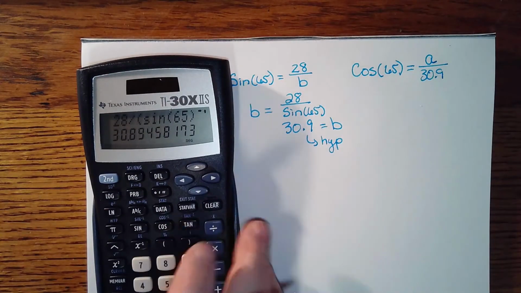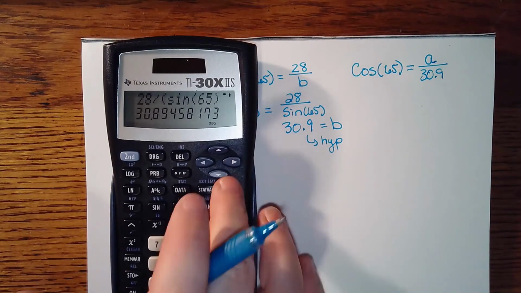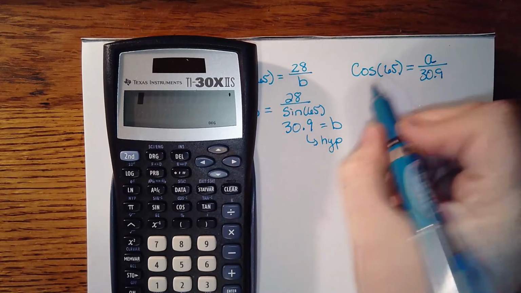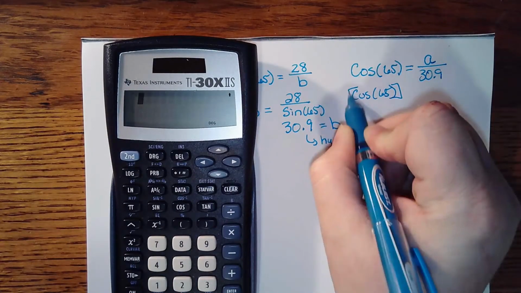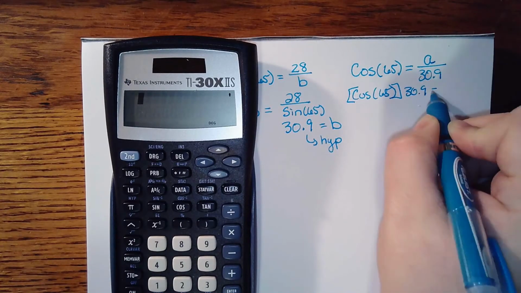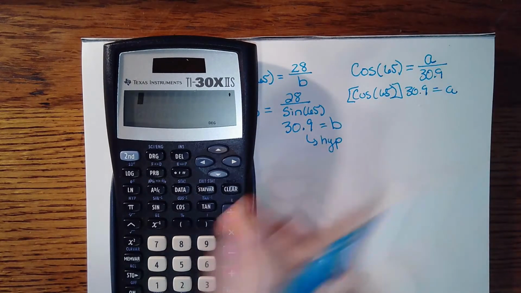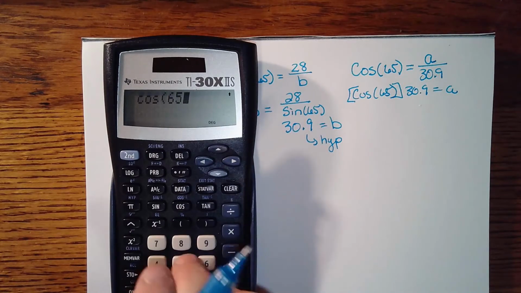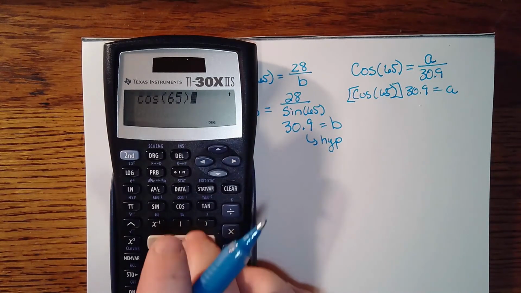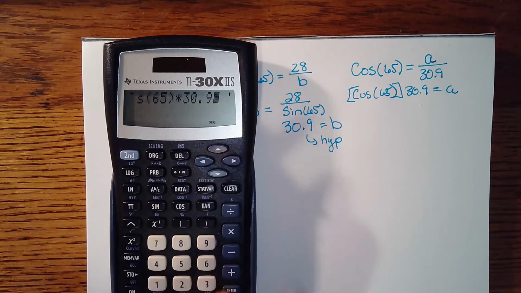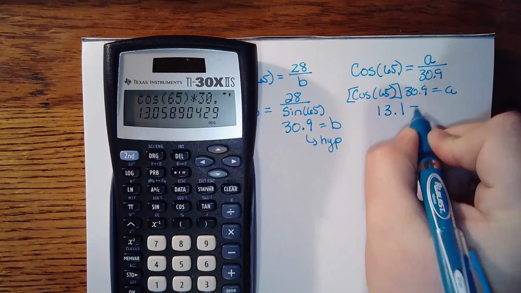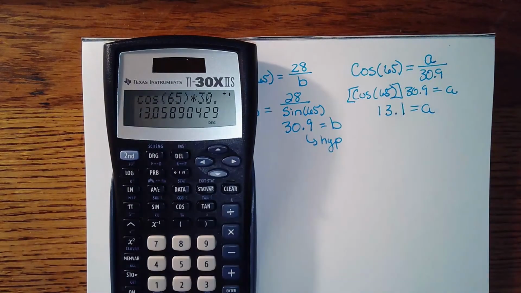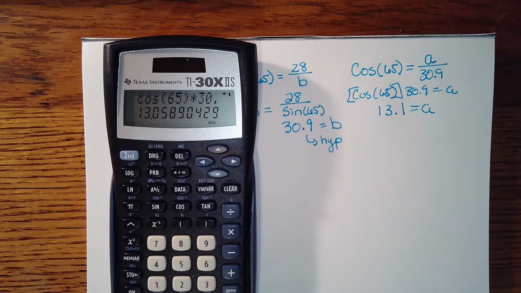So we have our calculator here. Let's clear it. So we're going to have cosine 65 times 30.9, and that's going to give me my A. So cosine 65 times 30.9, and we get 13.1, because don't forget to round 0 up to 1 because you have a 5 in the hundredths place.